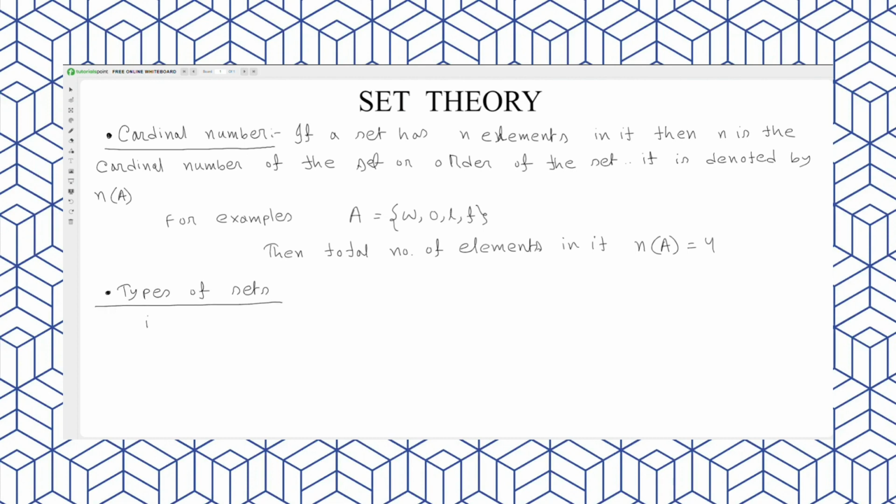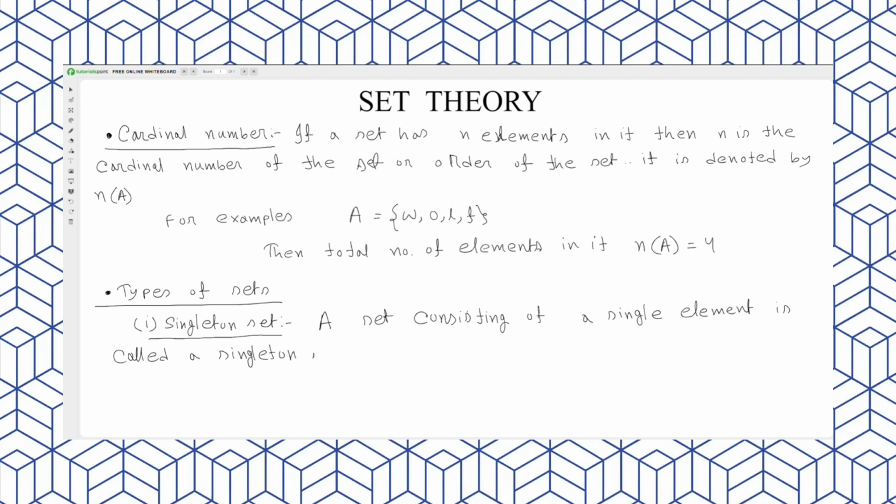First one is the singleton set. If a set has only one element in it, then the set is called a singleton set. We'll take some examples. Take A = {2}. B in set builder form is {x such that x belongs to N and x is between 2 and 4}.